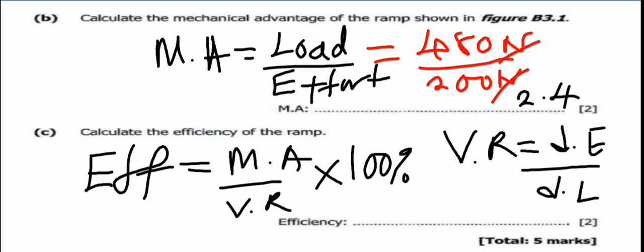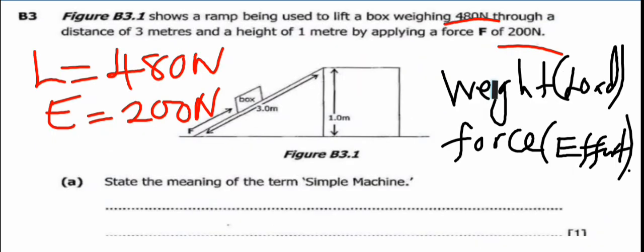So let's try to determine the distance moved by the effort divided by the distance moved by the load. Remember, the distance moved by effort is the distance moved by the applied force. Then the distance moved by the load is the same as the height. So let's see. The distance moved by effort here is just going to be equal to this distance here.